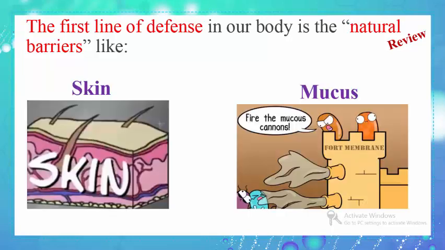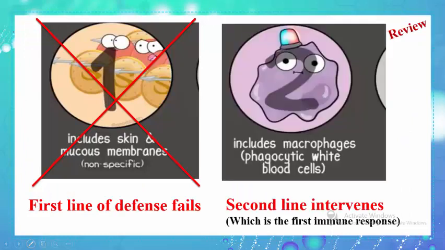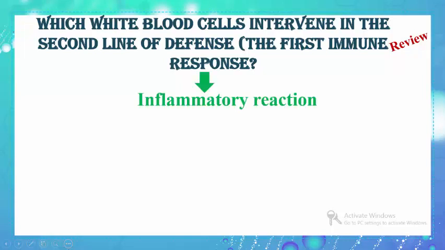skin and mucus. Once a pathogen crosses the first line of defense, the second line, which is the first line of immune response by which it activates white blood cells, intervenes. In this second line of defense, meaning the first line of immune response, inflammatory reaction occurs.